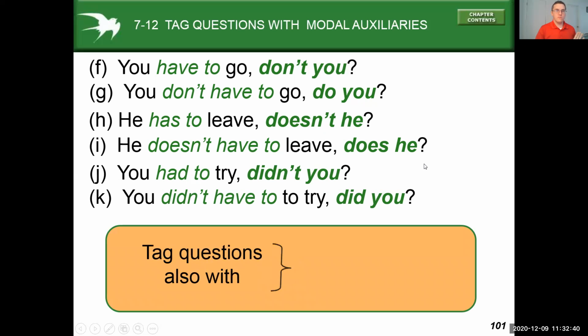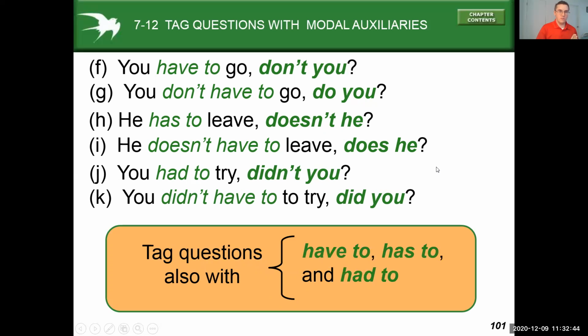Okay. So notice in this situation with the modal, the phrasal modal have to, has to, or the past tense had to, the modal in the tag is not have or has or had. We're using the modal do.